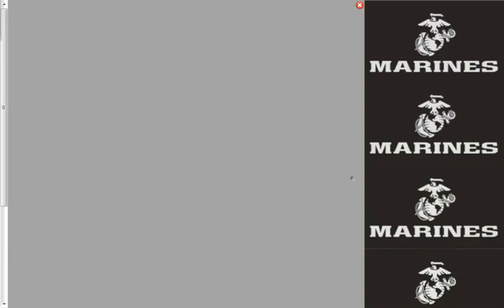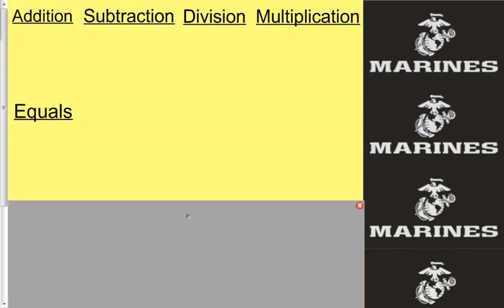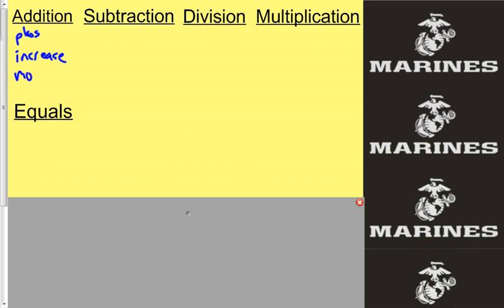So let's talk about some key terms that would represent these different types of operations or symbols in math. So addition, a very important one. We're not going to talk about every single one that'll fit under addition, but some very common ones would be plus, obviously, increase, more or more than.